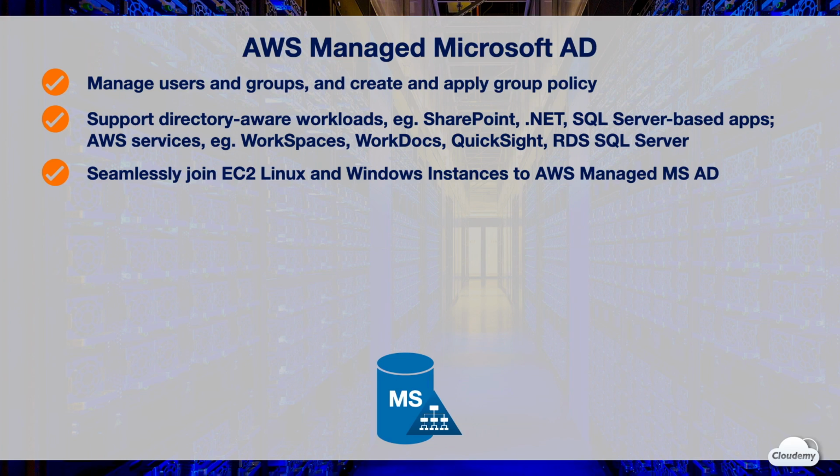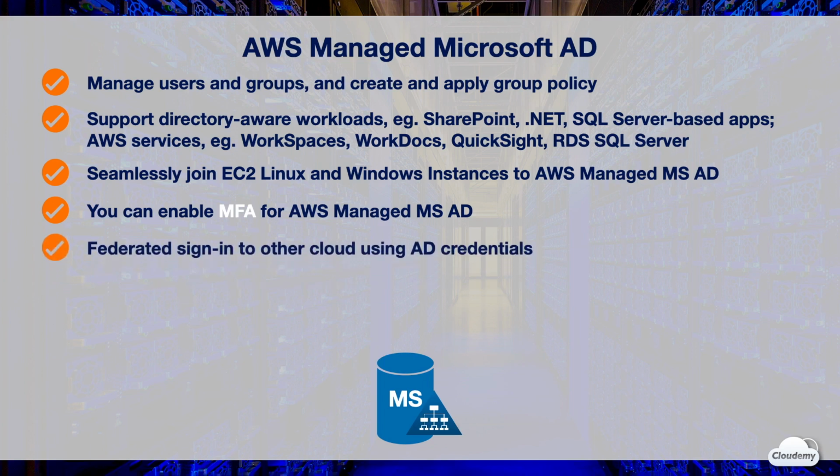AWS Managed Microsoft AD simplifies the deployment and management of Linux and Windows workloads on AWS. With AWS Managed Microsoft AD, you can enable multi-factor authentication, or MFA, to provide an additional layer of security when users access AWS applications from the internet. AWS Managed Microsoft AD also supports federation using Active Directory credentials.